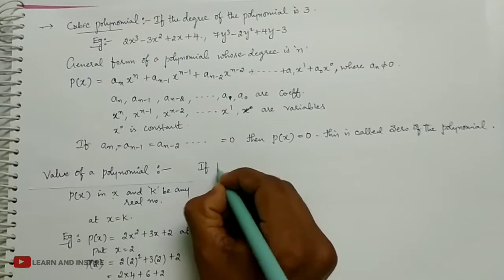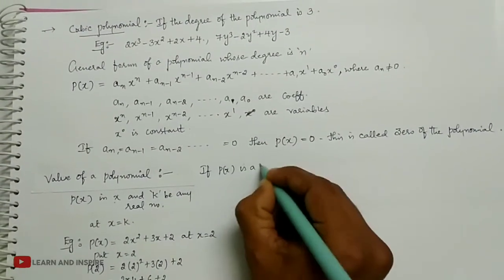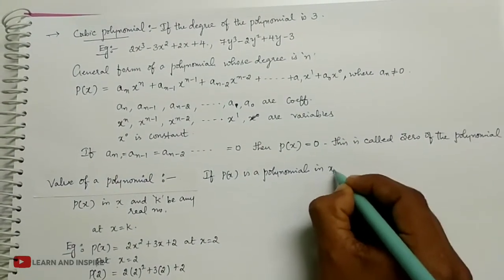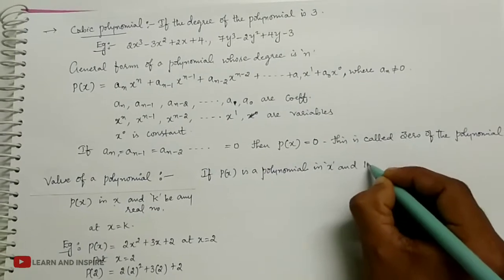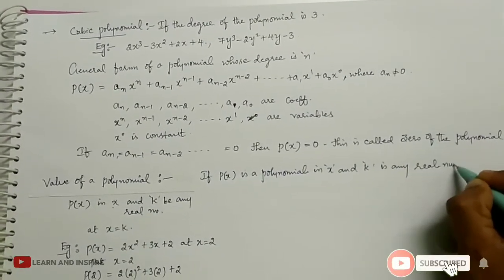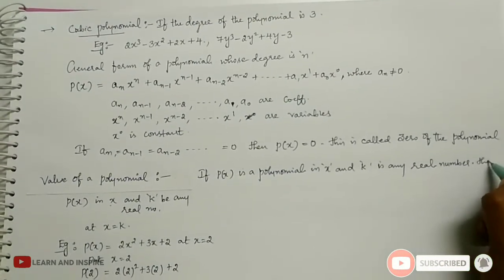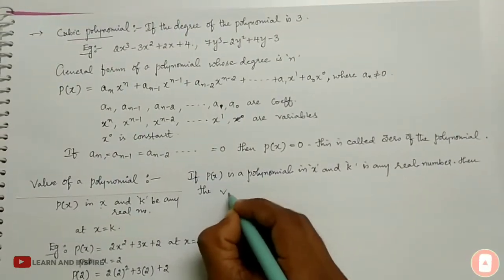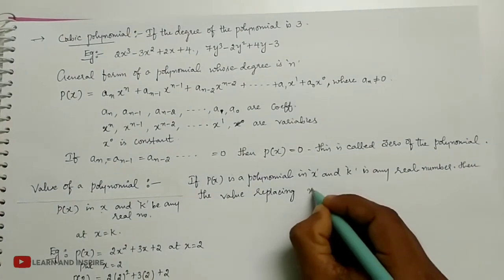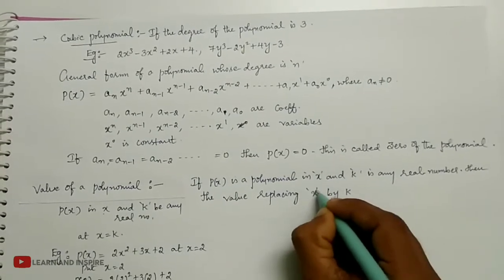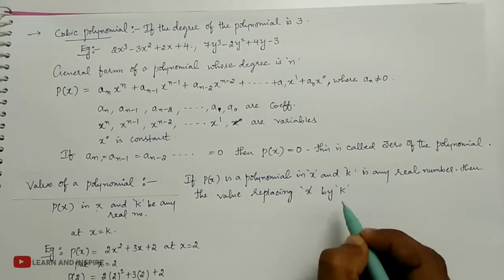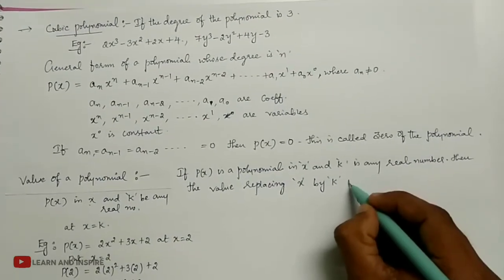If p of x is a polynomial in x and k is any real number, then the value obtained by replacing x by k, that means we have to replace the value of x with k, where k is any real number, in p of x.